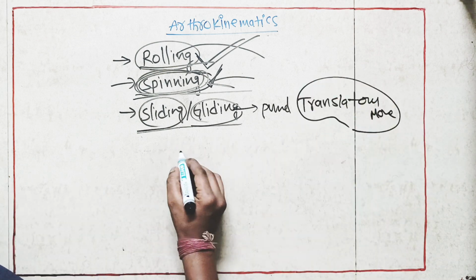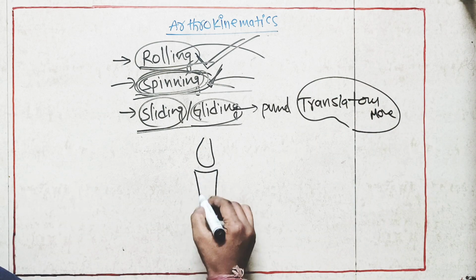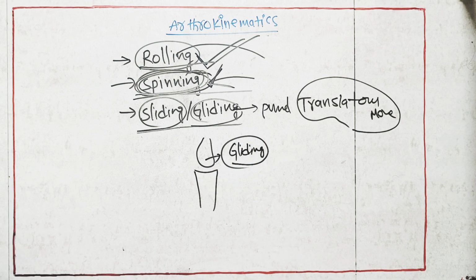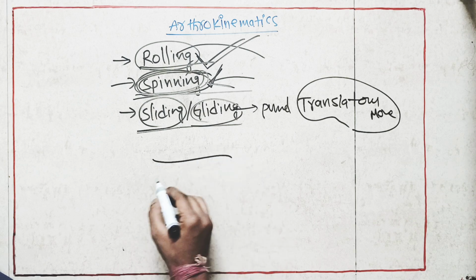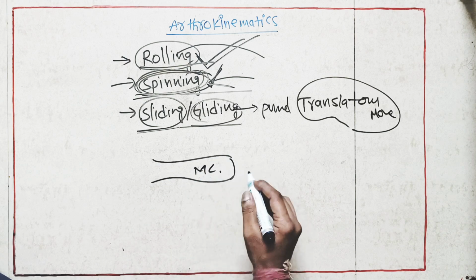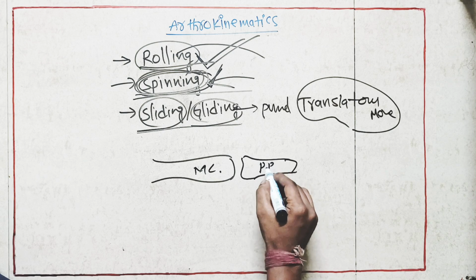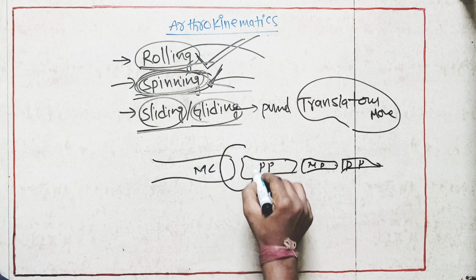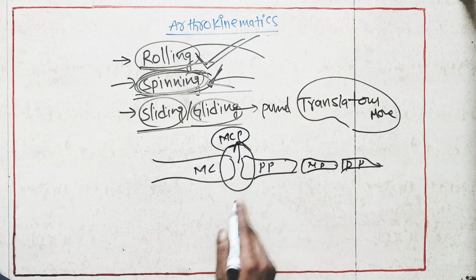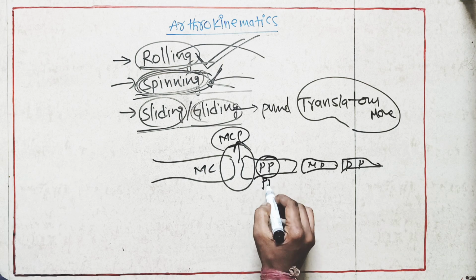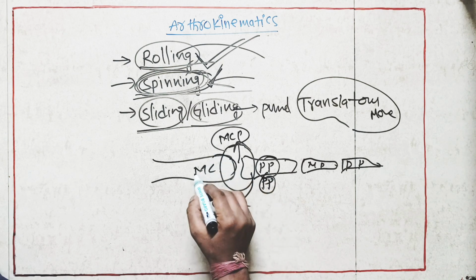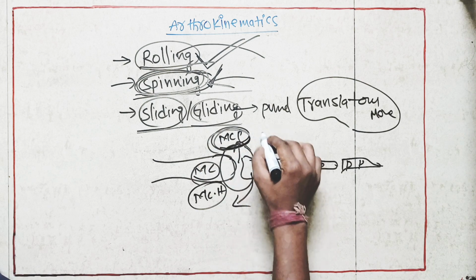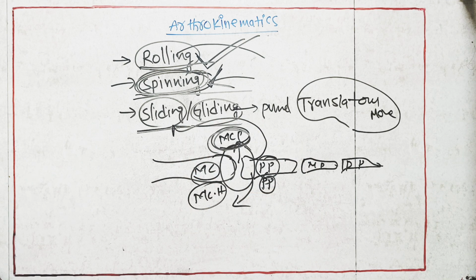Here one articular surface will move on another articular surface, gliding on it. Example: suppose this is the metacarpal, here we have the proximal phalanx, this is the middle phalanx, this is the distal phalanx. This is the MCP, metacarpophalangeal joint. Here the proximal phalanx will glide over the metacarpal head. So MCP joint movements are an example of the gliding or sliding movement of arthrokinematics.